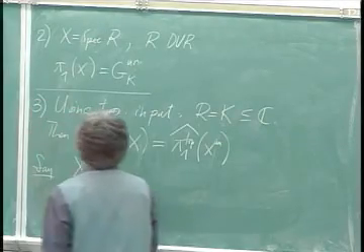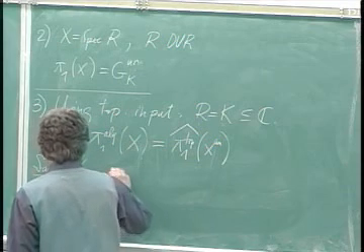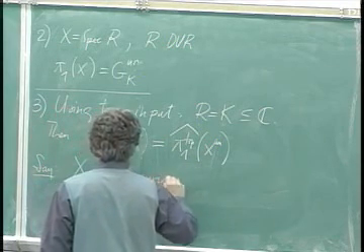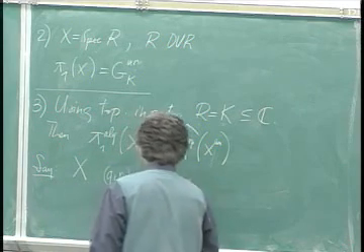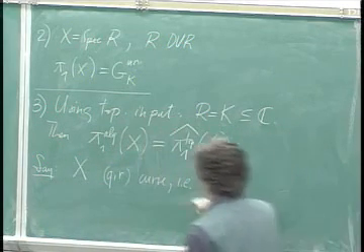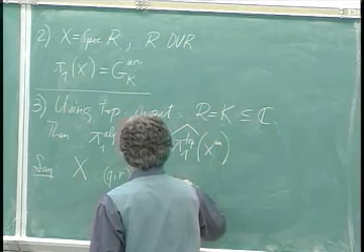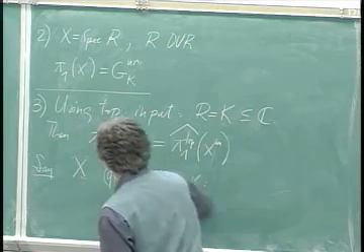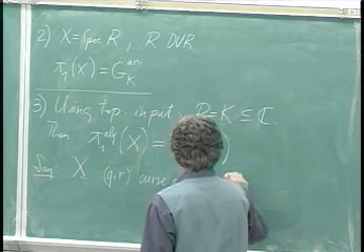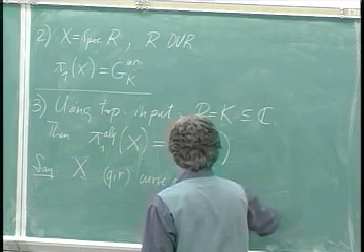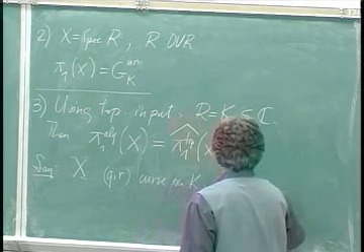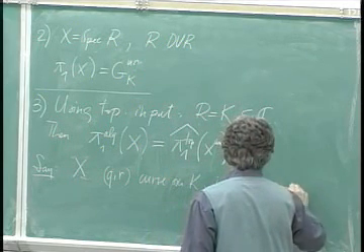Say X is a G,R curve. So now I'm going to define what is a G,R curve over K. This means X is a normal curve.